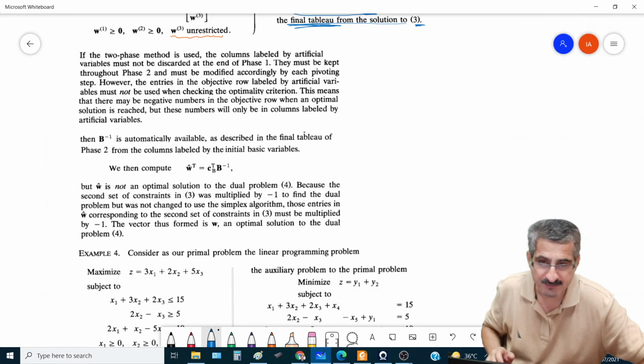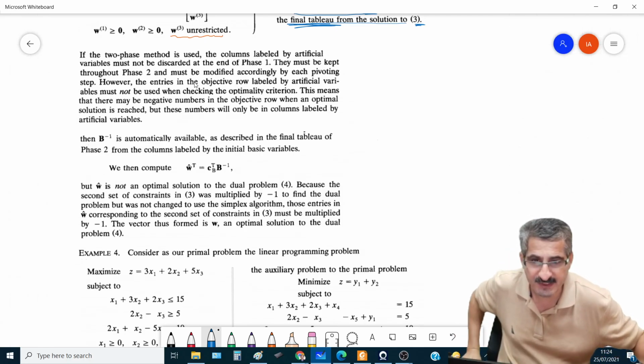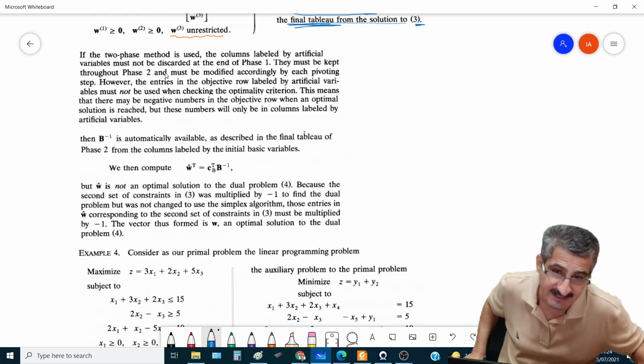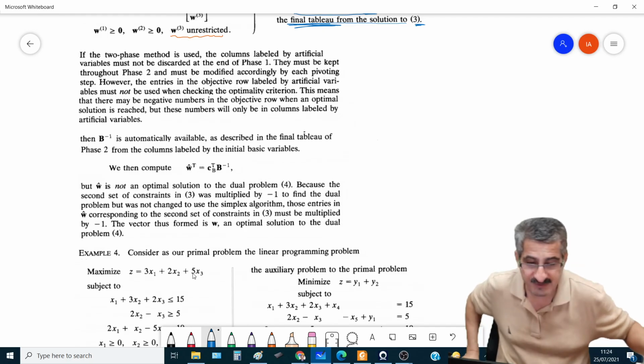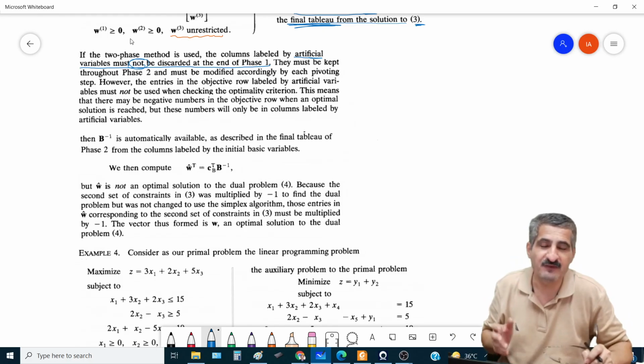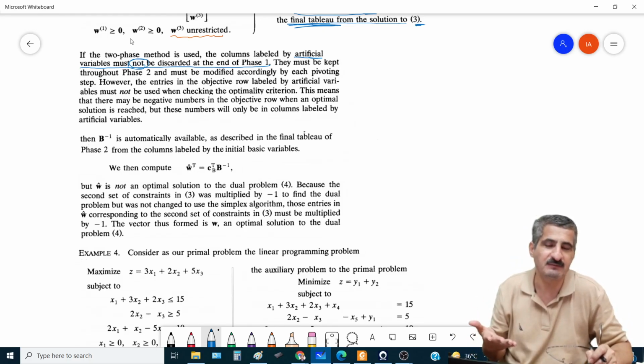This is the explanation. If the two-phase method is used, the columns labeled by artificial variables must not be discarded. They must not be discarded. If we have to use the two-phase method, it means we have artificial variables.